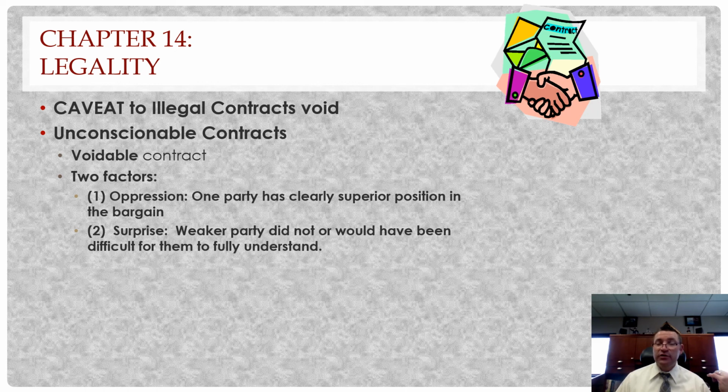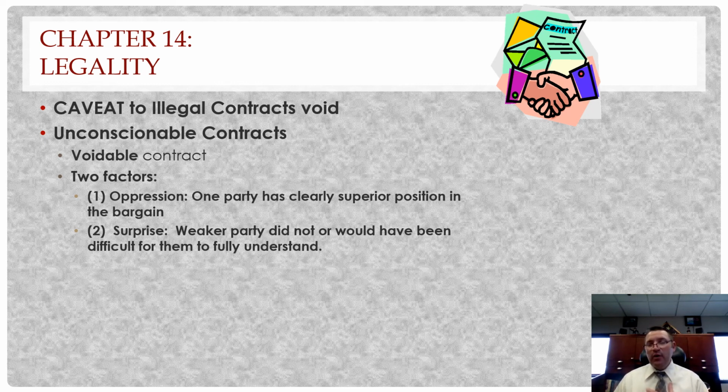What the court's going to do is just get rid of the exculpatory clause in that situation, right? Again, the airlines has clearly higher, better bargaining position, and so it's kind of oppressive for them to require me to do that or for me to fly and be buried. It was a surprise, it was weak, and so in those situations, again, it doesn't make the entire contract void.